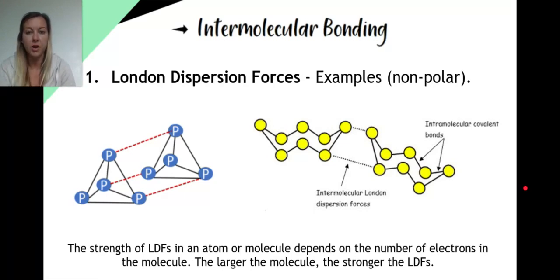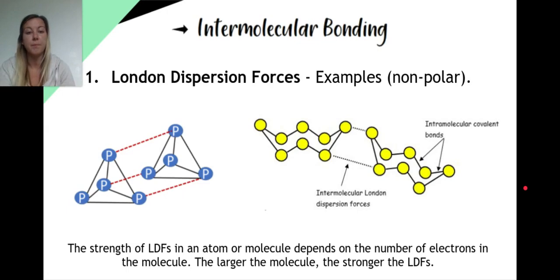However, there are differing strengths of London dispersion forces, and it is to do with the number of electrons in the molecule. So phosphorus molecules are P4 molecules, sulfur molecules are S8 molecules. Just from looking at the number of atoms within these molecules, we know that the sulfur molecules are much larger than the phosphorus ones.